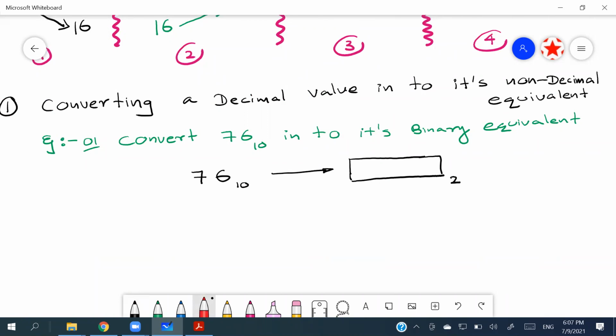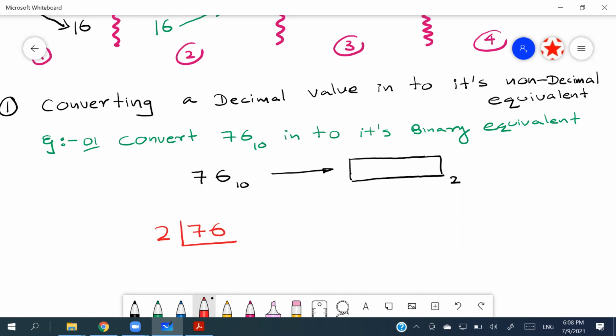So the first thing you do is take the decimal value, which is 76, and divide it by 2. The rationale of having 2 is because we are asked to convert this decimal value into binary. If asked to convert to binary, the base of binary is 2. So we are dividing the decimal value by 2.